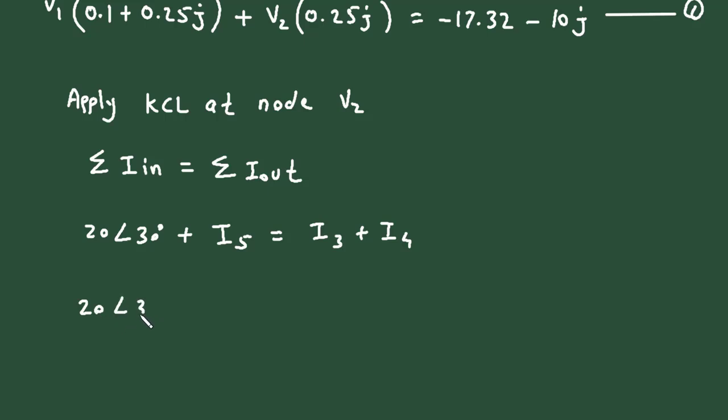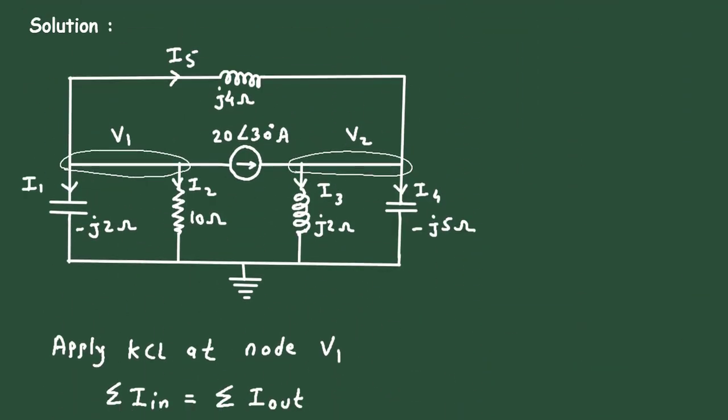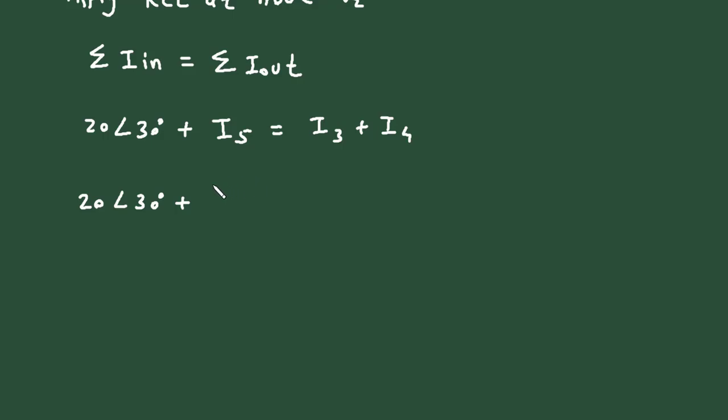Now this I5 is V1 minus V2 divided by J4, and that is equal to I3.